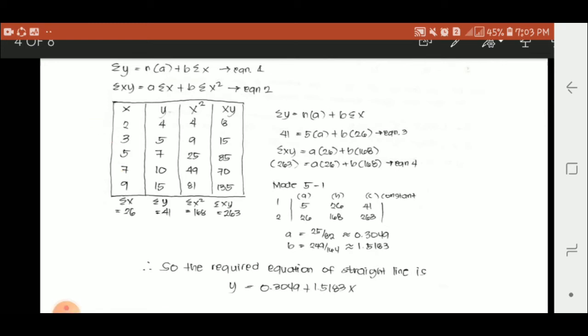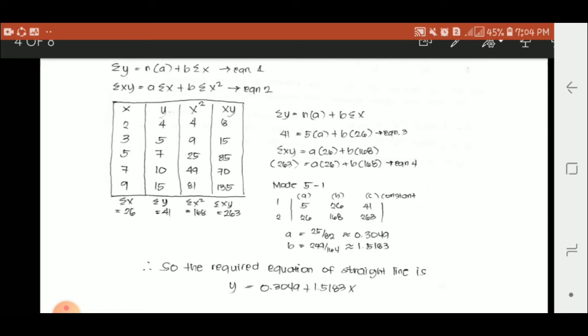So our n is 5. Then our summation of x is equal to 26. Then our summation of xy is equal to 263. And our summation of x is 26, and the summation of x squared is 168.